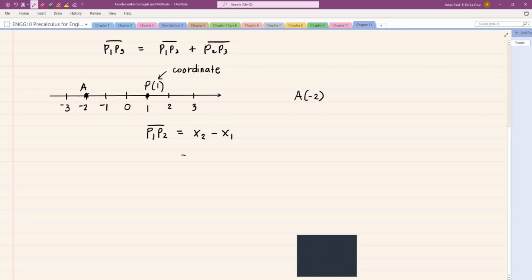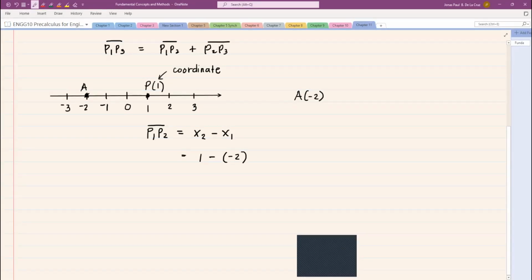So that's P minus A, because we are coming from A, going to P. Right? So we write P first because that is where we are headed. That's 1 minus, this is the coordinate of point P minus the coordinate of point A, which is -2. So this is from A to P. So this is now 3.